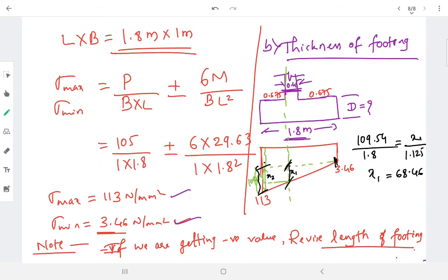Check that x value, 68.46. But I want this value 68.46 plus 3.46. So it is 71.92.